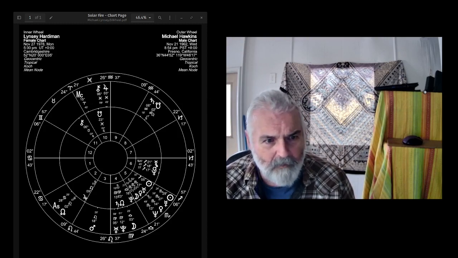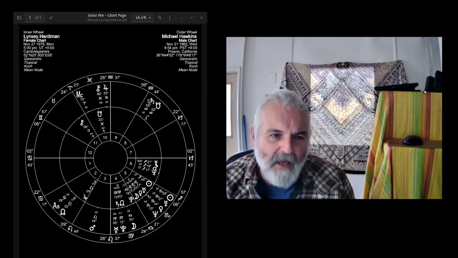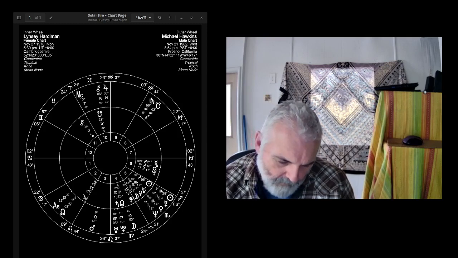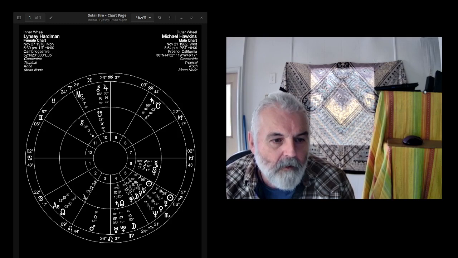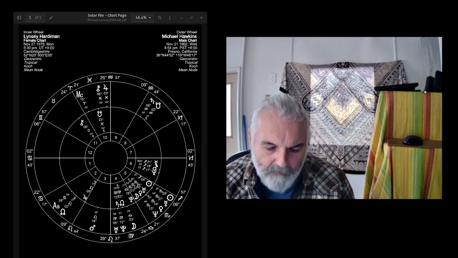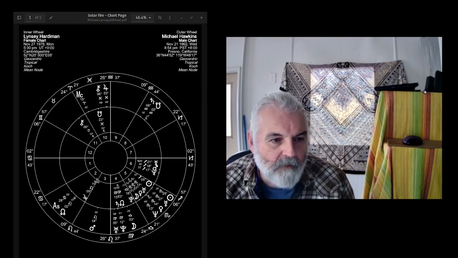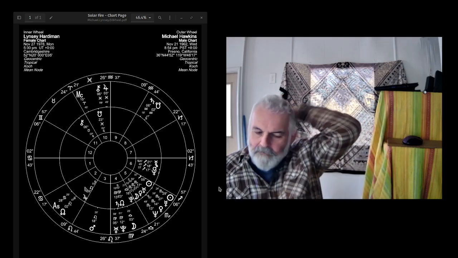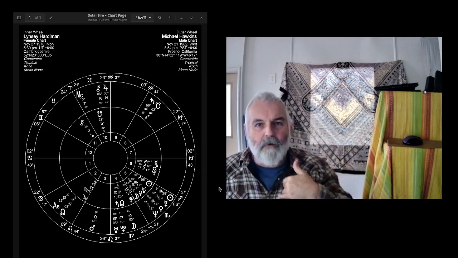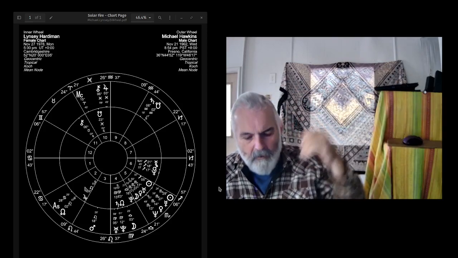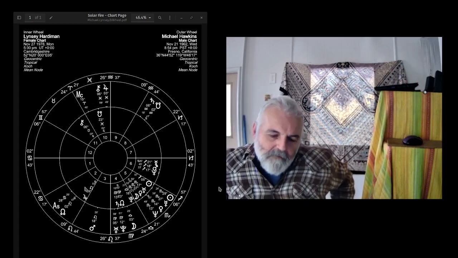Well, it's not really, mine is in the 7th, but my Saturn and South Node are squaring your Moon and Venus in Scorpio down here in the 5th, while opposing your Jupiter in Leo.